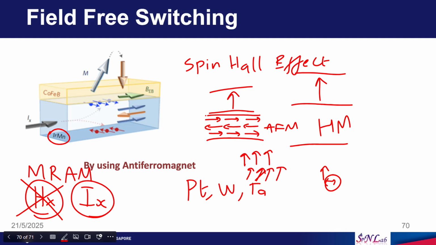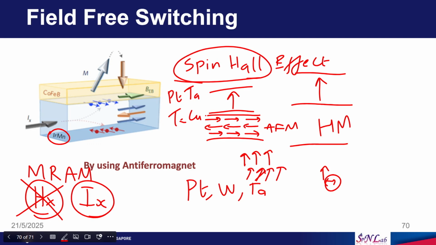Then if you want to enhance the spin Hall effect, there are lot of research directions. Some people study doping, say platinum with tantalum or tantalum with copper. So, people try doping, that is another way.